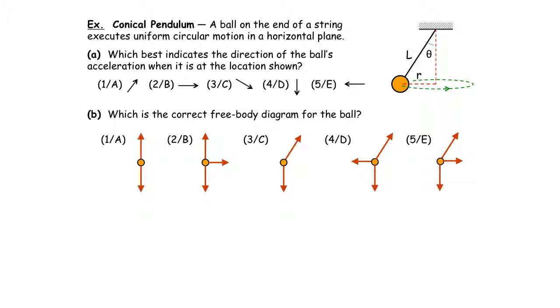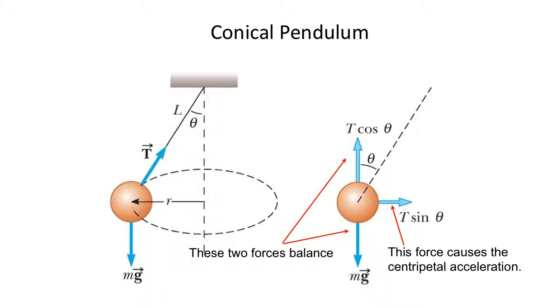There's an out-of-plane component that's up that cancels the down, and then there's an inward one that goes in. We just drew this actually here. We took these components visually, we said there's a T cosine theta. I tricked you because in a free body diagram, these are not forces, these are the scalar components of the tension force.